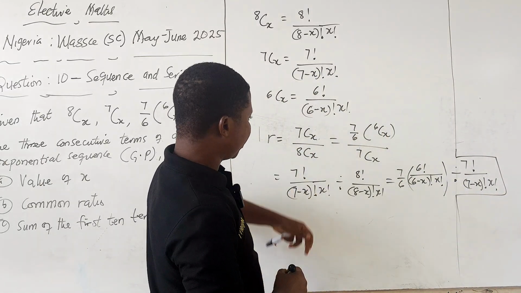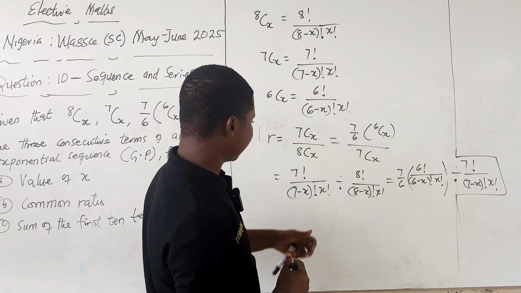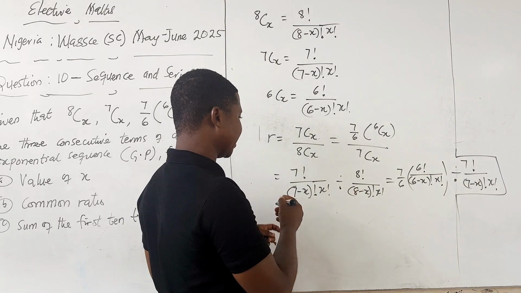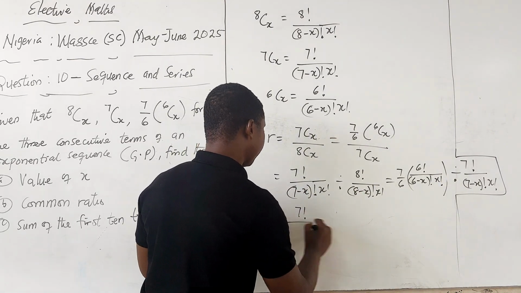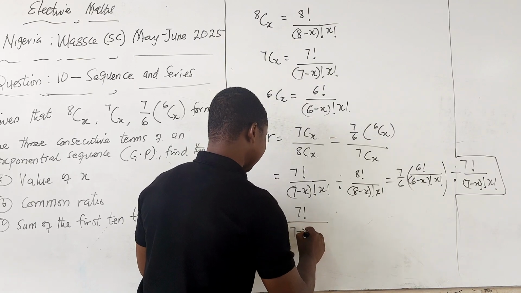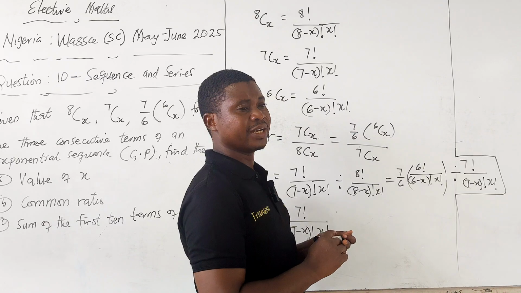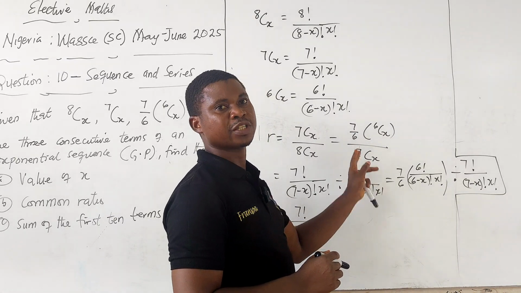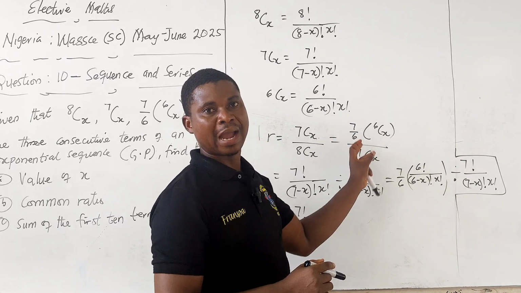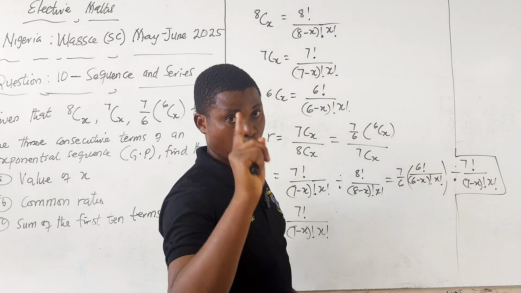Now we come down to that. When we talk of factorial, it means multiplying by reducing by 1 until you get 1.